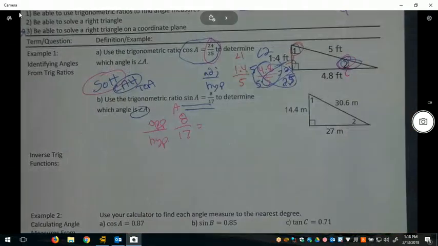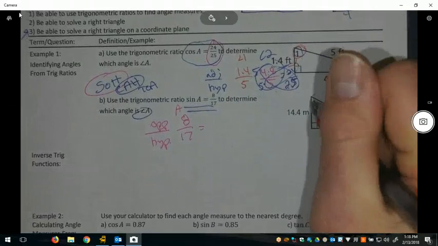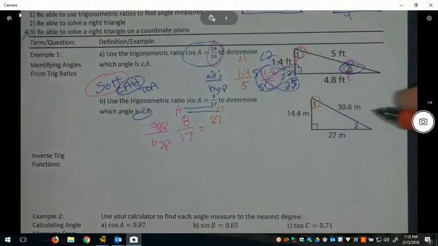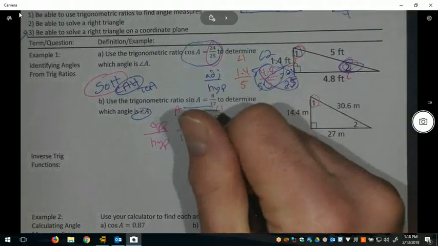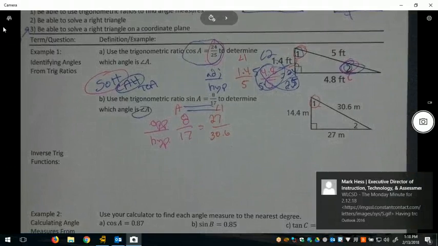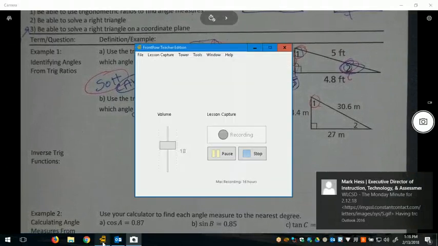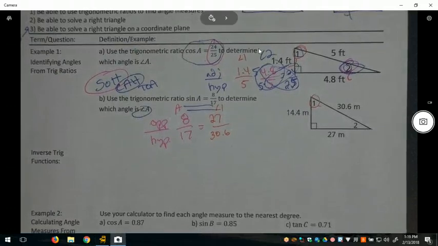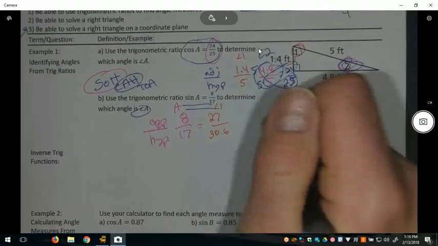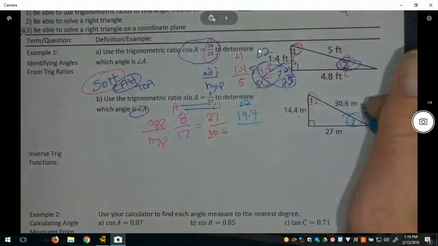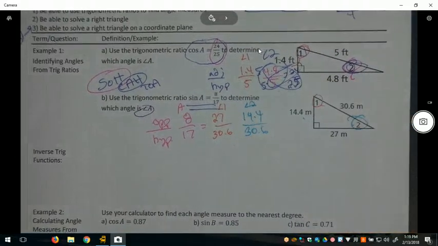If I'm starting at angle 1, the opposite is 27, and the hypotenuse is 30.6 meters. If I'm starting at angle 2, the opposite is 14.4, and the hypotenuse is still 30.6.